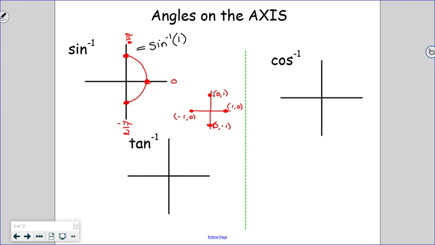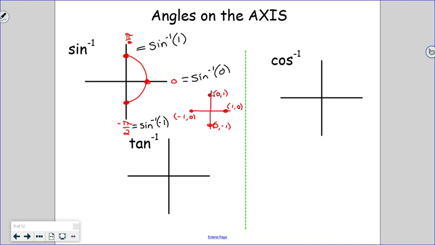The angle pi over 2. At 0, sine has a value of 0. So to get that as an answer, the question would have been, what is the inverse sine of 0? Sine has a value of negative 1 down there. So negative pi over 2 is the answer to the question, what is the inverse sine of negative 1?